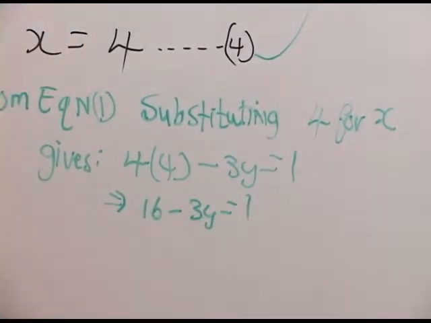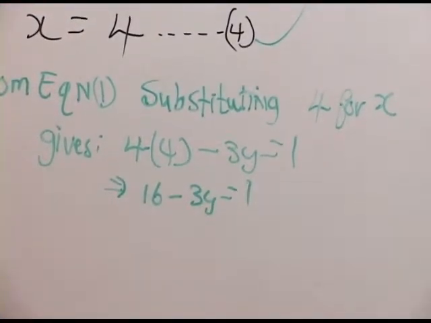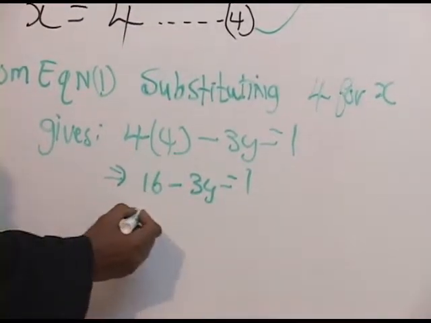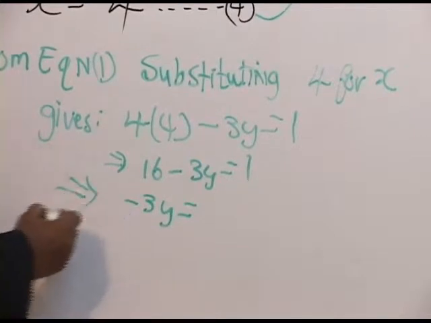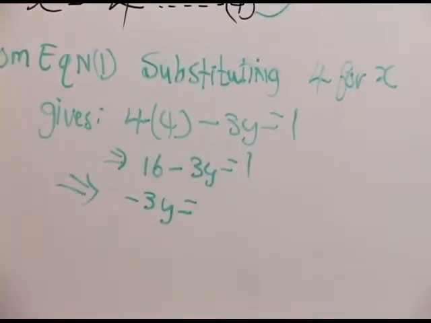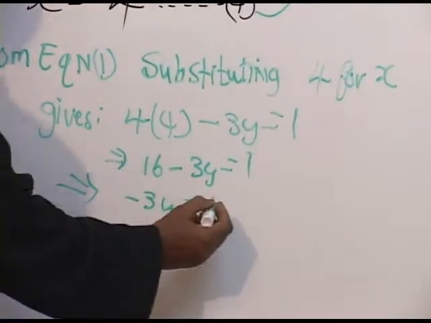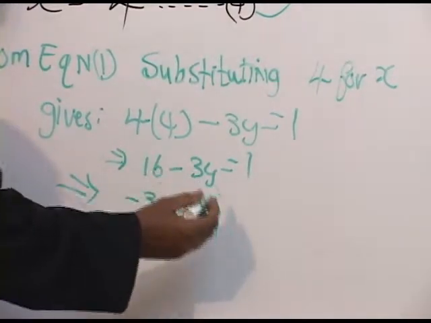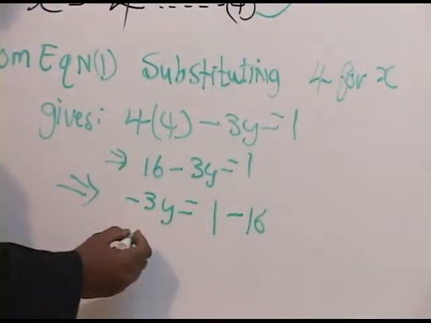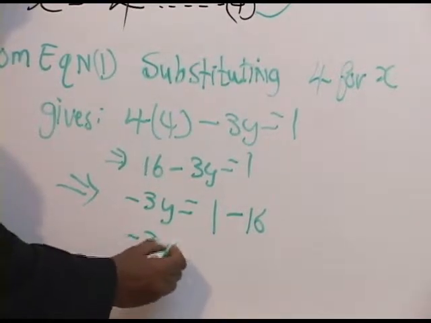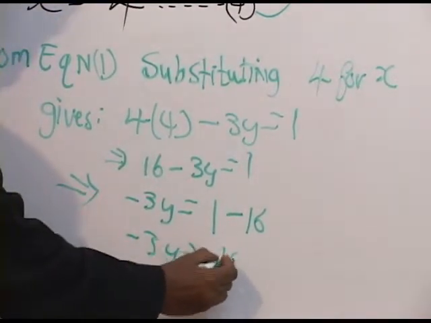We want to keep all the y's on one side, so we have negative 3y is equal to, and it implies, we're taking the 16 over to the other side, the 1 stays, 16 comes over to the other side, so it's minus 16, we change our sign. So we have negative 3y is equal to negative 15.